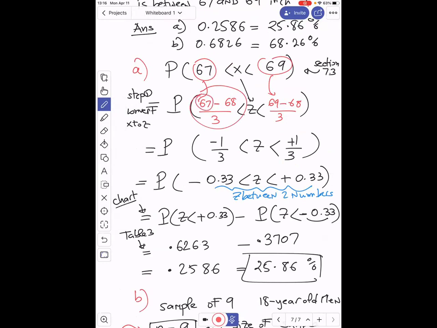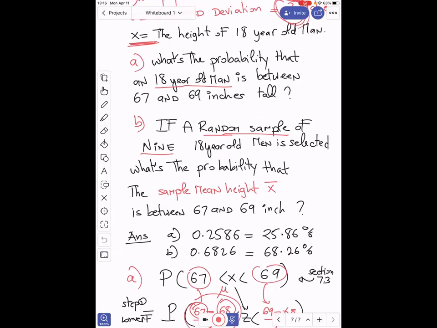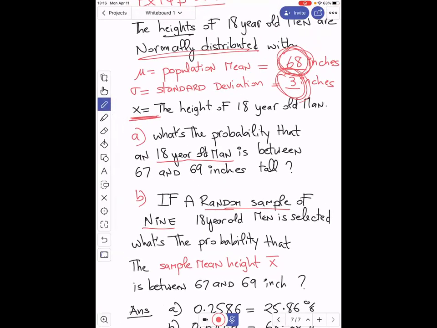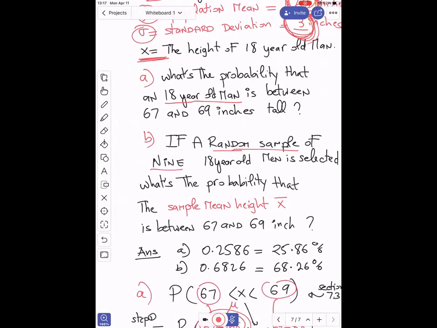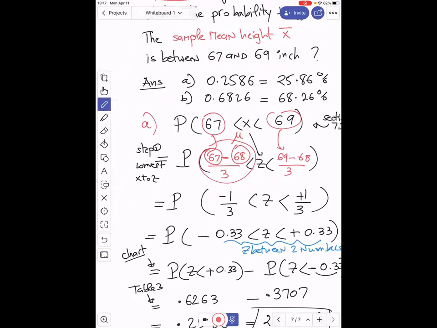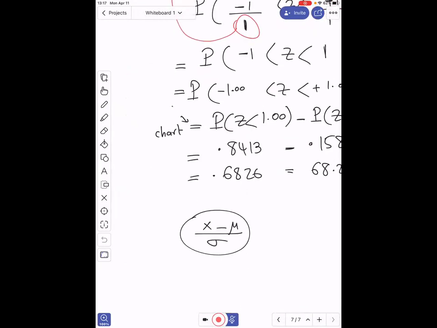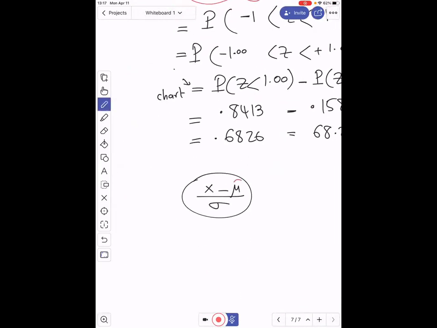You take your 67, you subtract the mu, the mean, which is given right here as 68, and then you divide by the sigma, the standard deviation, which is 3. So the idea is always to subtract the population mean mu and divide by the standard deviation sigma.